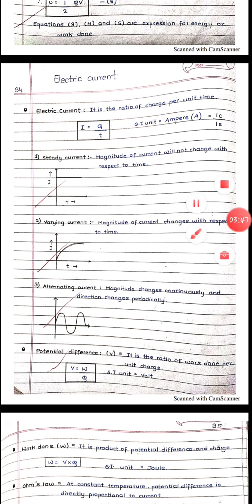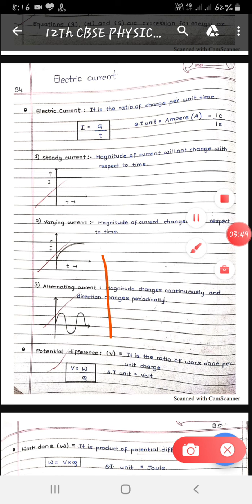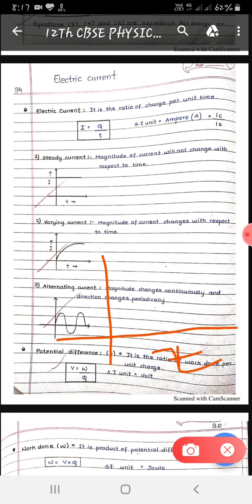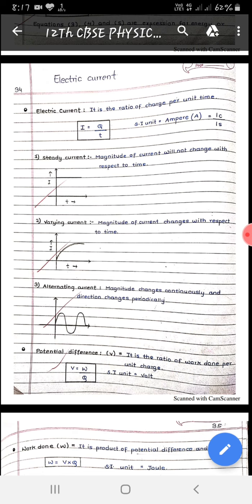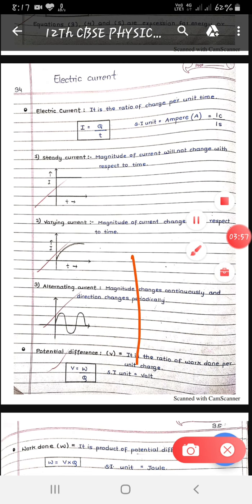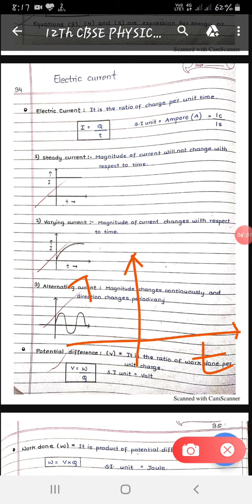Here I would like to explain this term. Suppose we draw the graph with time t on the x-axis and current on the y-axis. Here you see the magnitude continuously changes: maximum, then in minus, then in plus, then in minus.